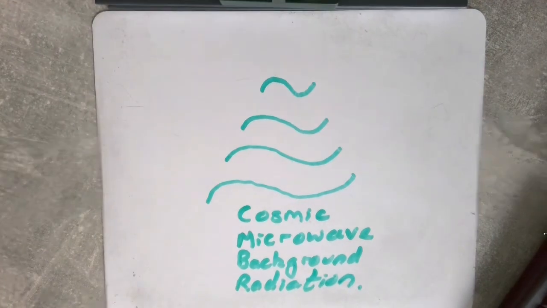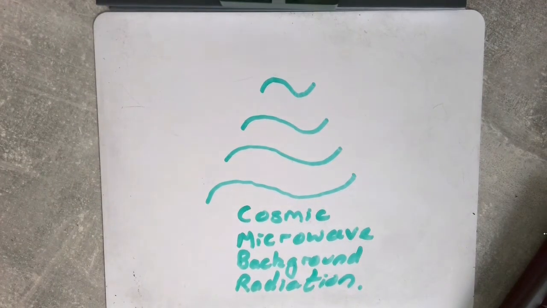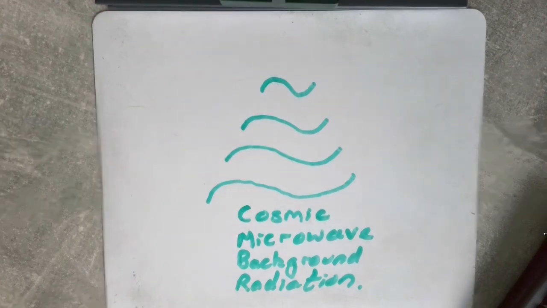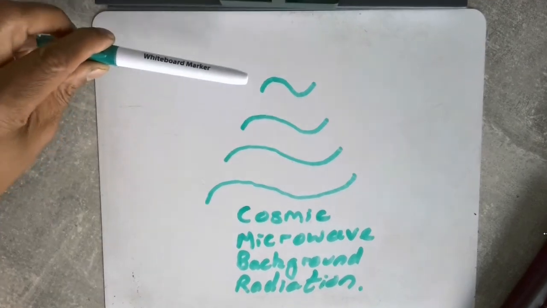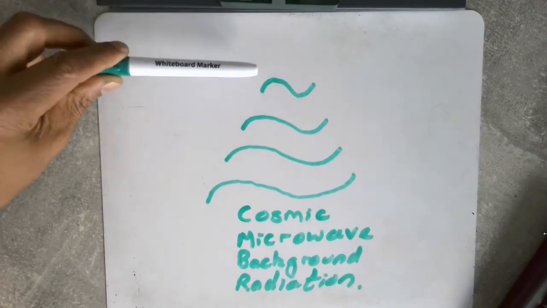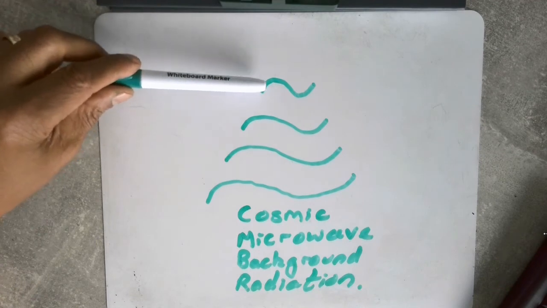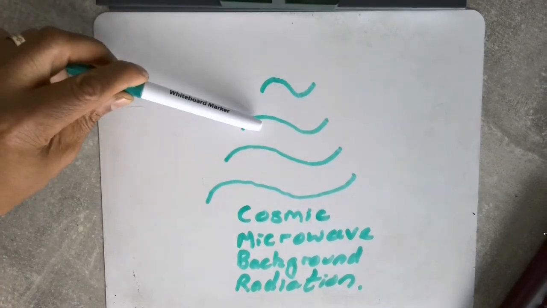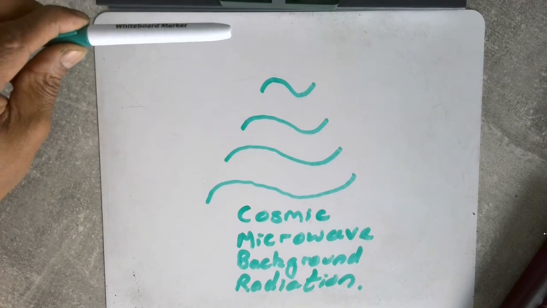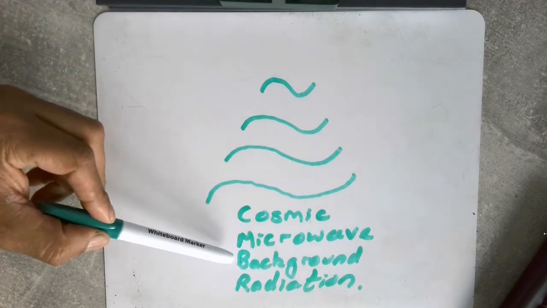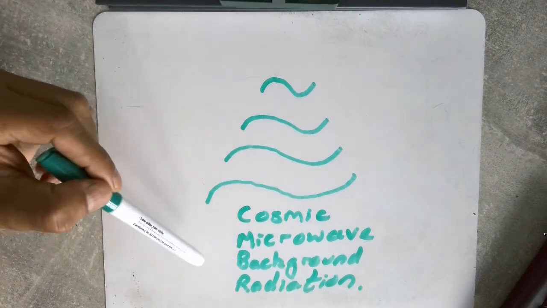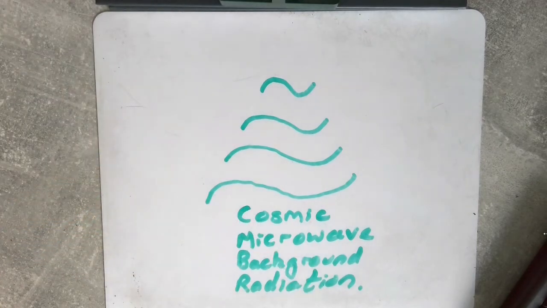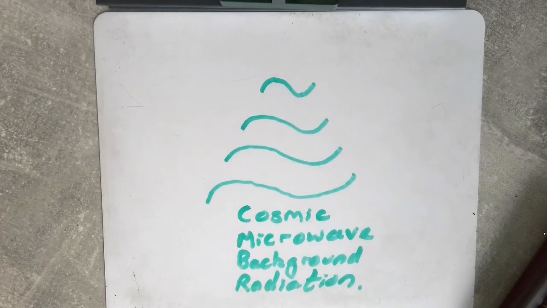So the fact that it is there wherever we look in the universe, there must be a reason for it, and our theory suggests that it is leftover radiation from when the Big Bang occurred. And as the universe has expanded, this radiation, these waves have expanded with it, and they're called microwaves. So the name for this background radiation is called the cosmic microwave background radiation.